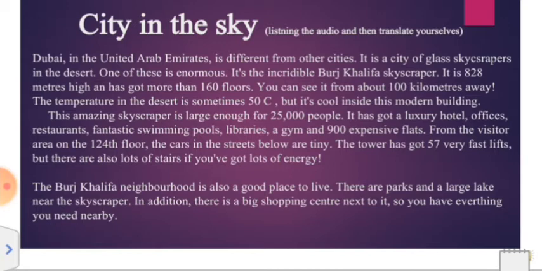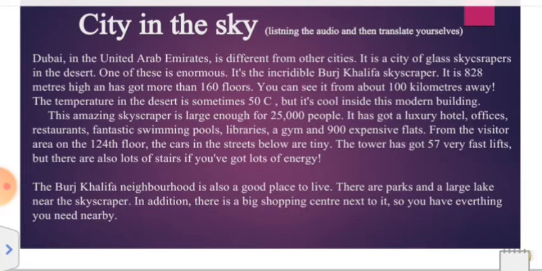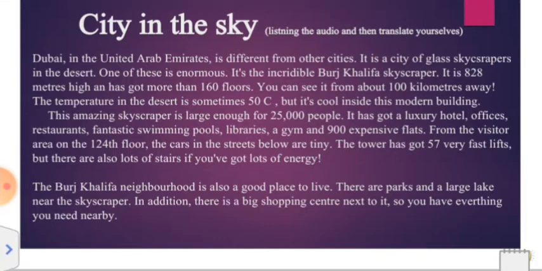The temperature in the desert is sometimes 50 degrees centigrade, but it's cool inside this modern building. This amazing skyscraper is large enough for 25,000 people. It has got a luxury hotel, offices, restaurants, fantastic swimming pools, libraries, a gym, and 900 expensive flats.